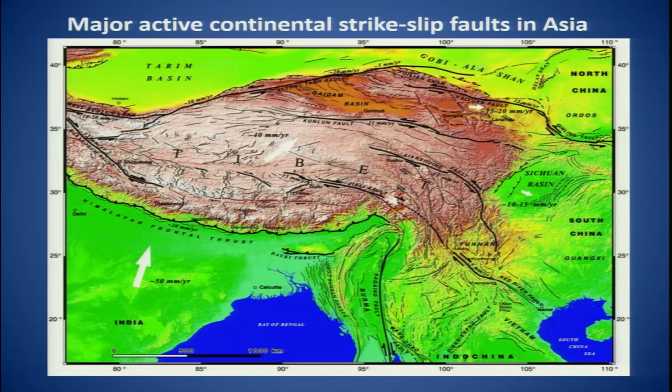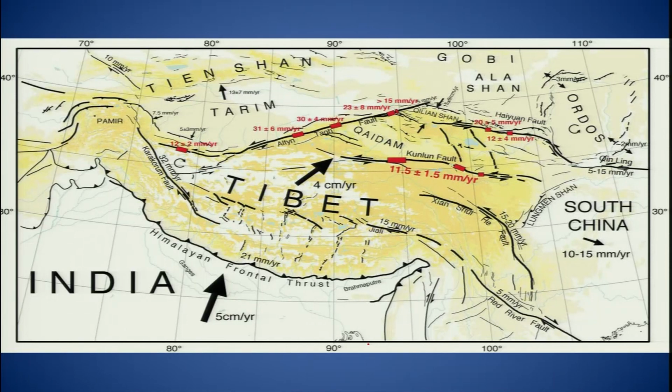If you see the arrows here, you have right lateral here, and left lateral here and here. We also had a brief discussion about a major fault system over here, the Karakoram fault, which shows right lateral strike slip. And what I was mentioning is the Sagaing fault system, with right lateral movement.